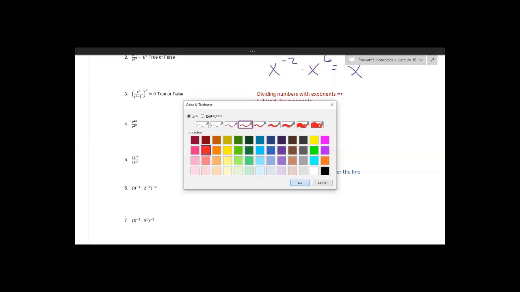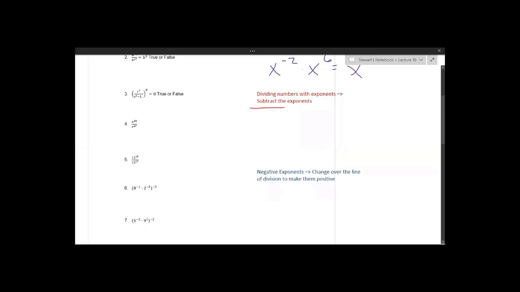Okay, the next topic that we could run into when working with the same base is dividing like bases with unlike exponents. In that case, you subtract the exponents. So say you had y to the 8th divided by y to the 5th.